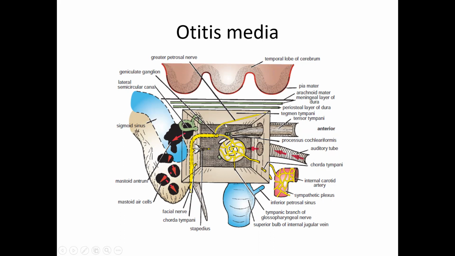The infective fluid here can burst through any one of the 5 walls of the middle ear except the medial wall. The medial wall is a tough bone formed by the bony labyrinth. It can break through the relatively thin wall superiorly and cause meningitis and temporal lobe abscess.